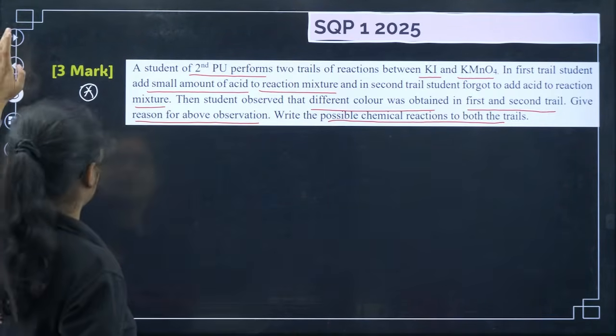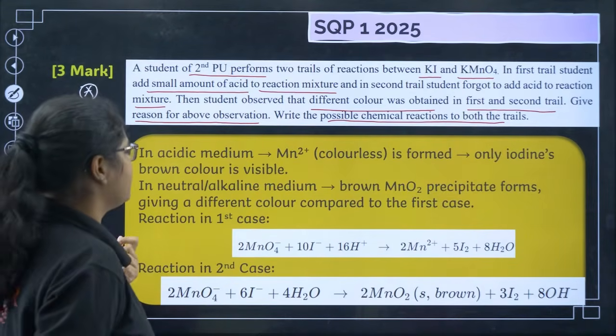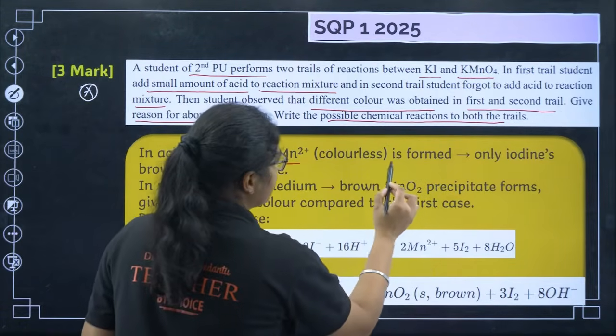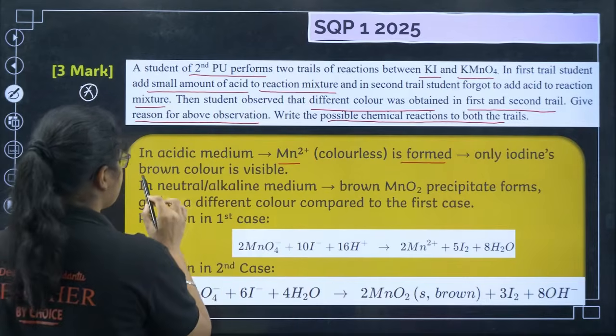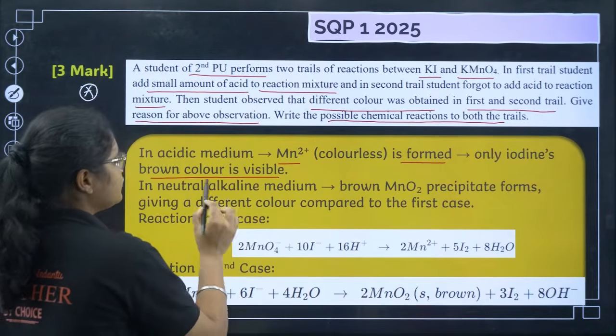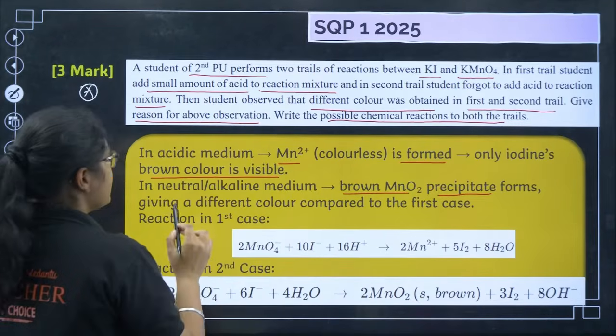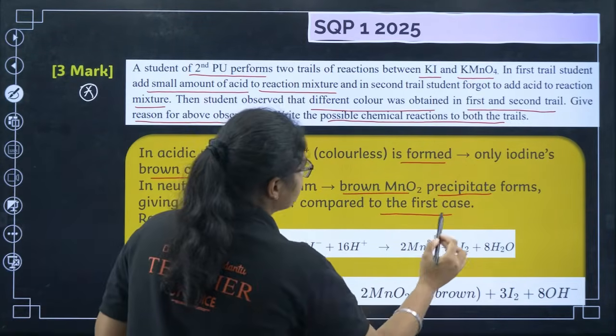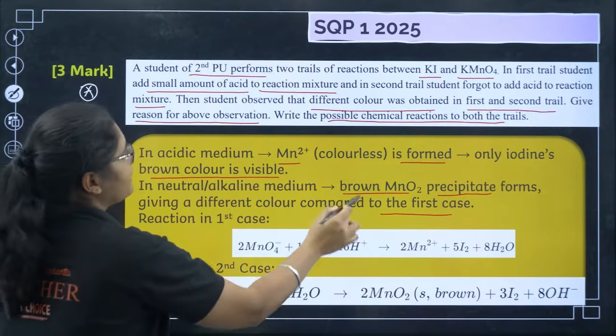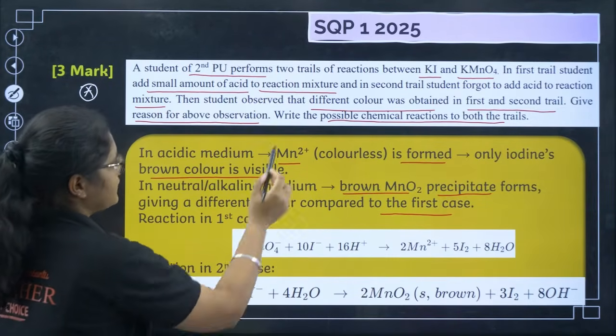How can you write it? In acidic medium, Mn2+ colorless is formed and only iodine brown color is visible, whereas in neutral or alkaline medium brown MnO2 precipitate forms, giving a different color compared to the first case. That is the reason for the 2 different colors. And what are the reactions for both?